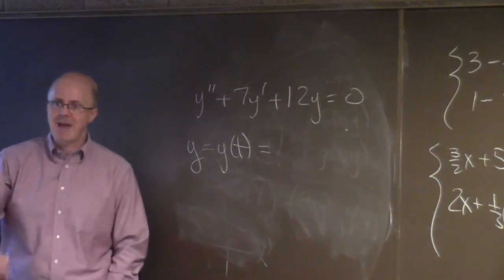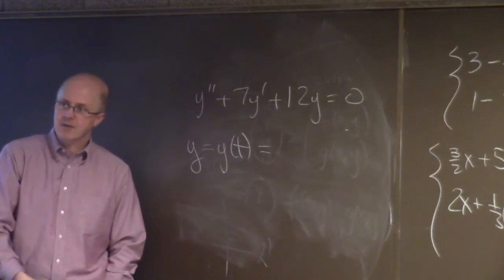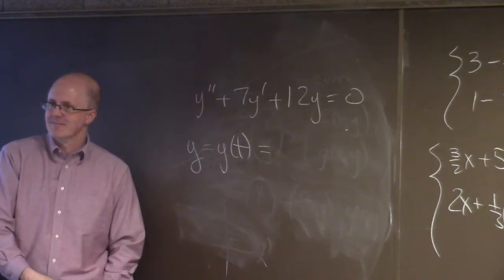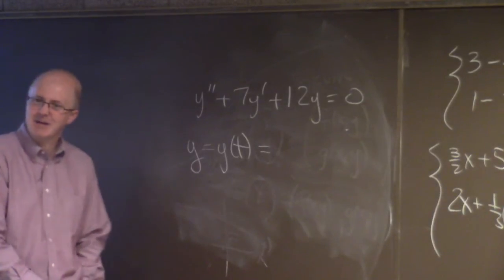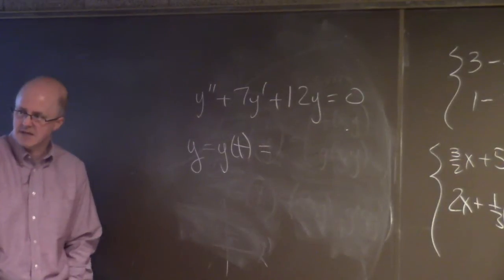Well, since this is a mass on a spring, it would be reasonable to guess something involving cosine, something involving sine. However, if you think about it, it's going to be hard to guess what would be a good combination of cosine and sine that might work. Like, what would the coefficient of t be?